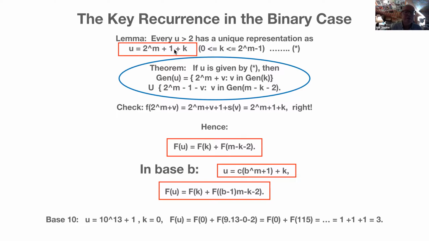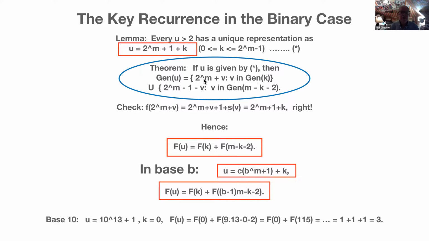The cutoff is 2 to the m plus 1, and then k goes from 0 to the obvious bound. And the theorem says, if U is given by this canonical representation, then the set of generators are all the numbers of the form 2 to the m plus v, where v is a generator of k, plus all the numbers just below 2 to the m of the form 2 to the m minus 1 minus v, where v is a generator of m minus k minus 2.